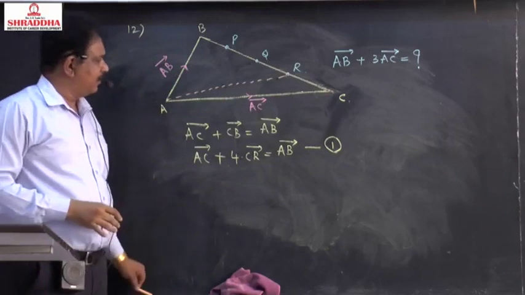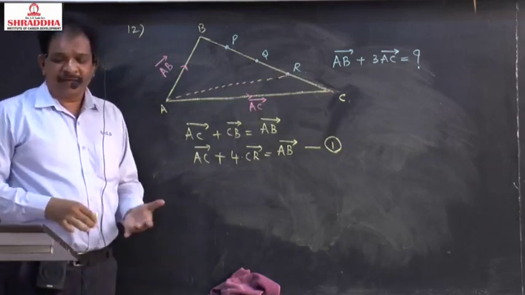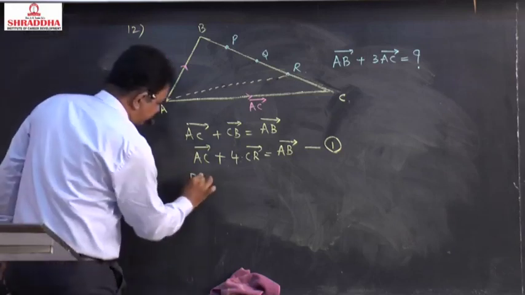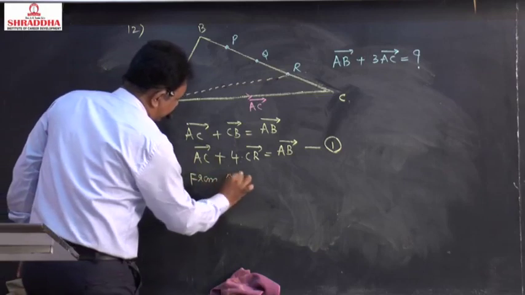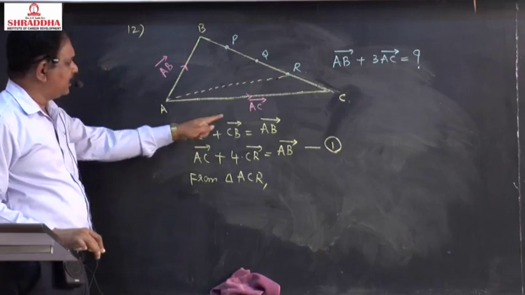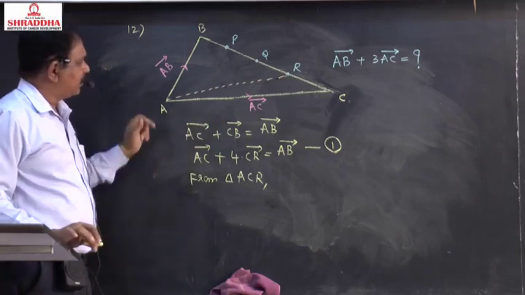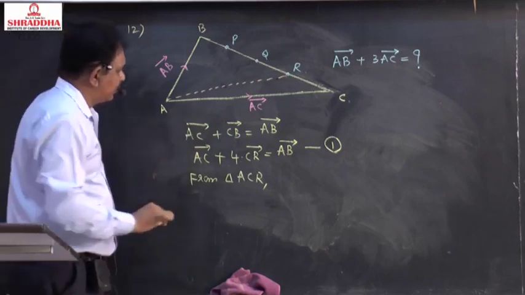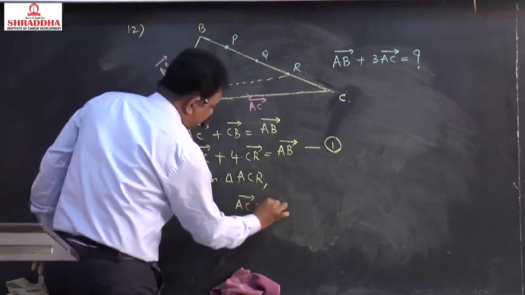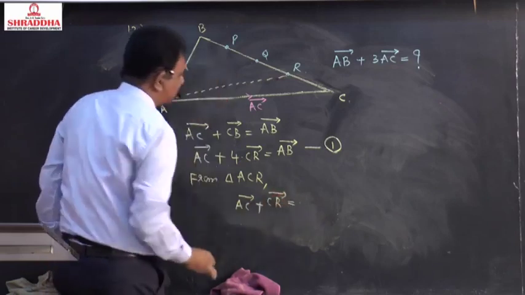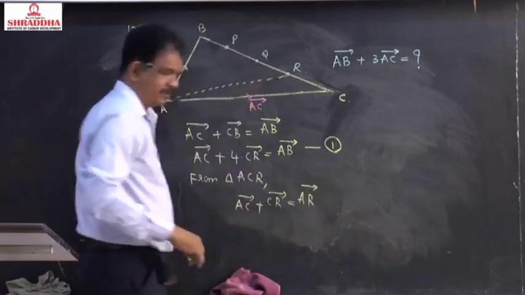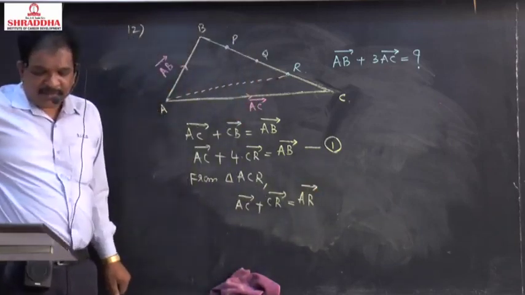For this triangle, if we apply the triangle law, what can we write from triangle ACR? What to write? Tell me. AC bar plus CR bar is equal to AR bar. Am I clear?